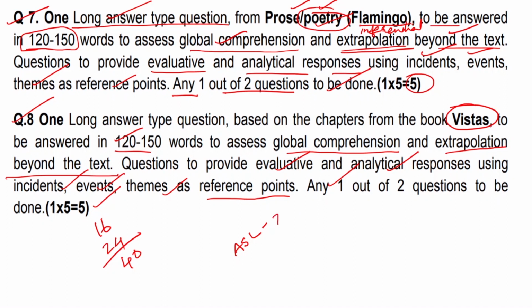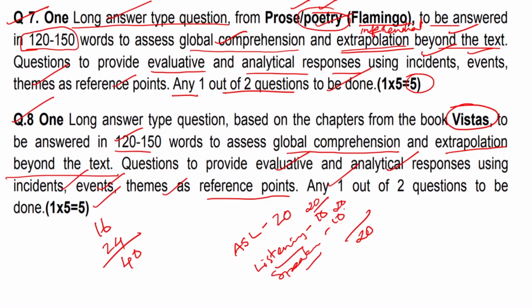It is for 20 marks. ASL means listening skills. Listening skills is for 10 marks and speaking skills for 10 marks. Total 20 marks. This is the pattern of questions. Listening is actually conducted for 20 marks and speaking conducted for 20 marks.